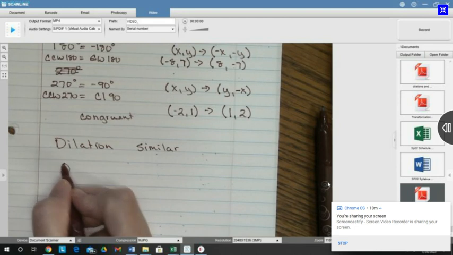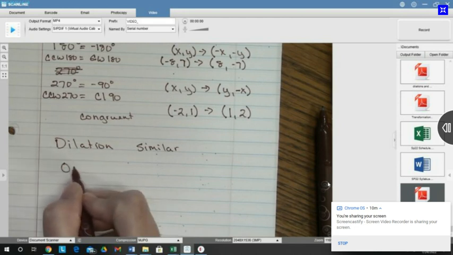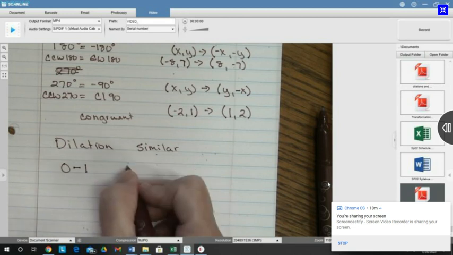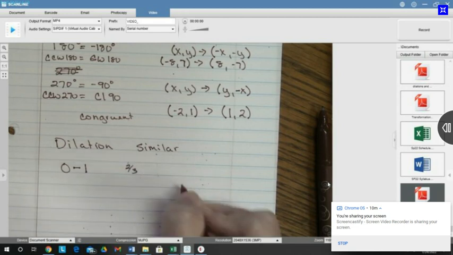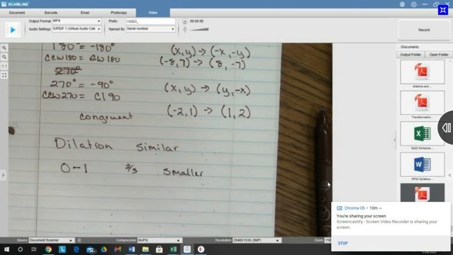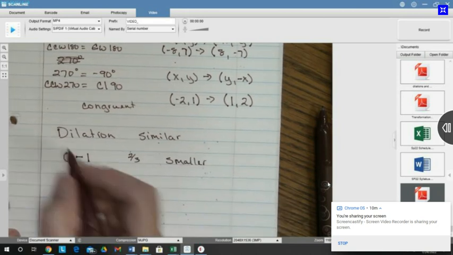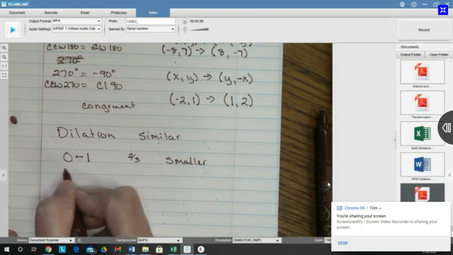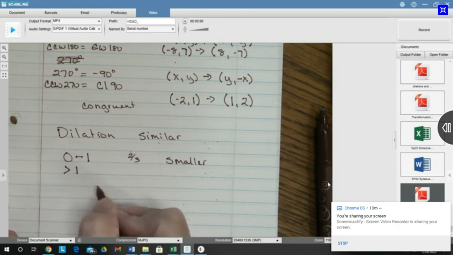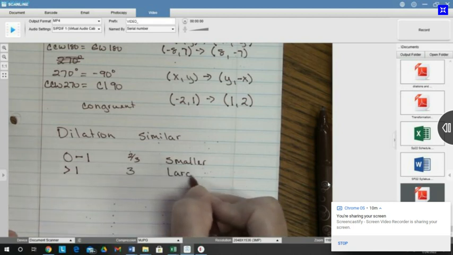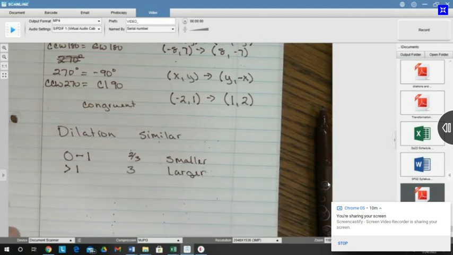Remember, if my scale factor is between 0 and 1, like a fraction, like 2/3, my shape is going to get smaller. And if it's greater than 1, like 3, then my shape is going to get larger, right?